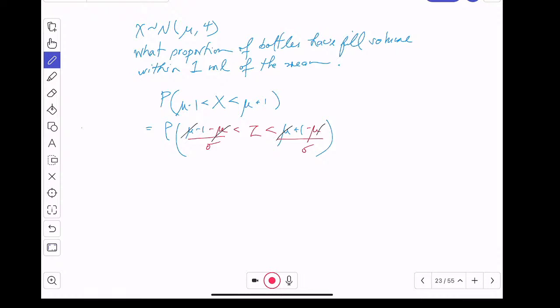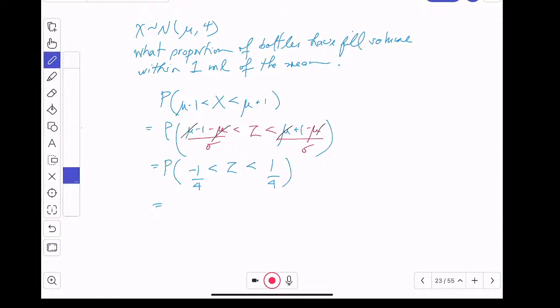So you could have started here. Oh, I have the Z, so I can put that in. So you could have started here like this. But it's okay. You can go through the steps now that you know what to do.